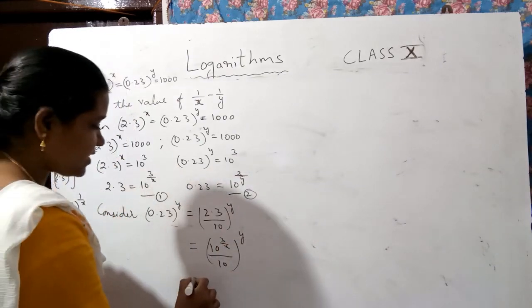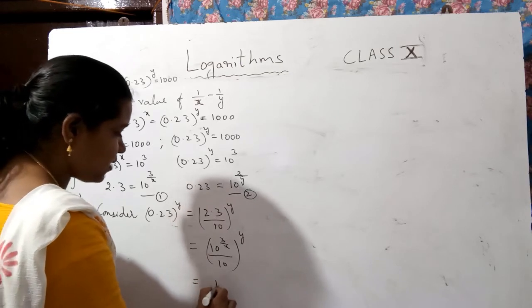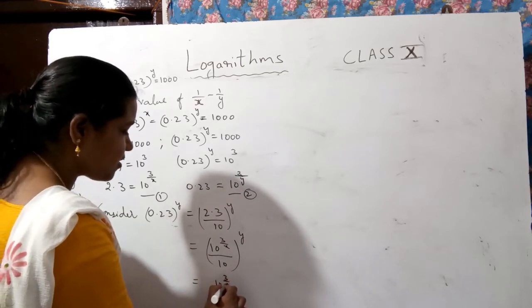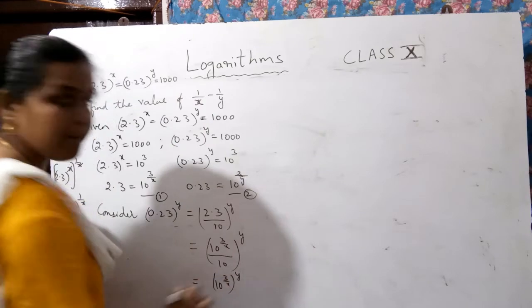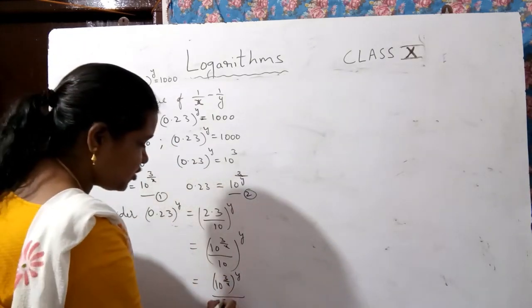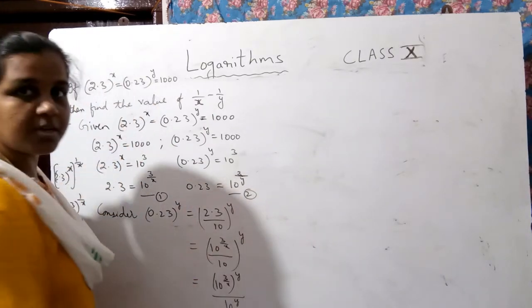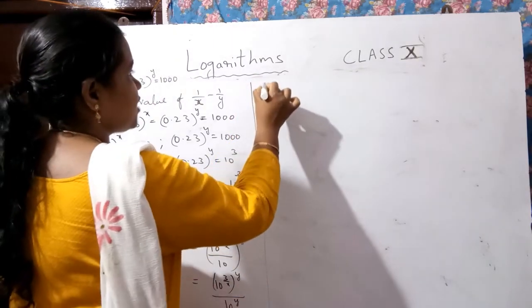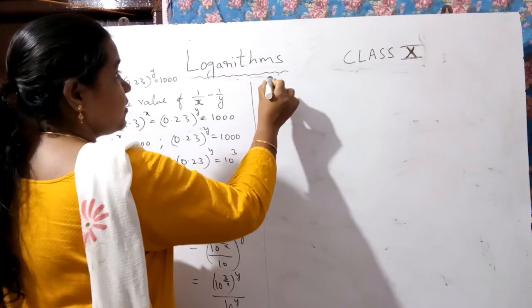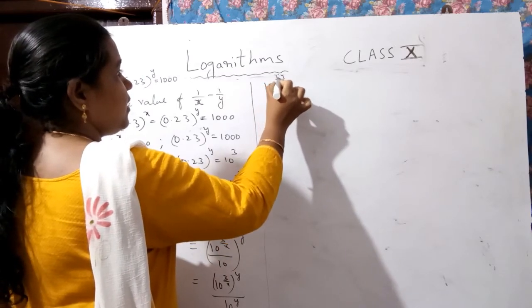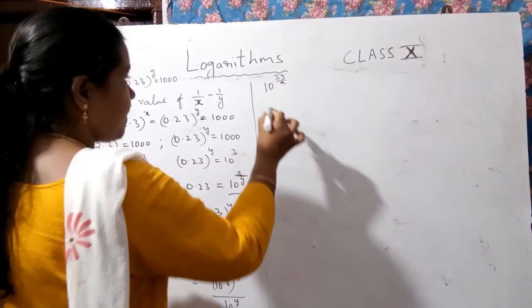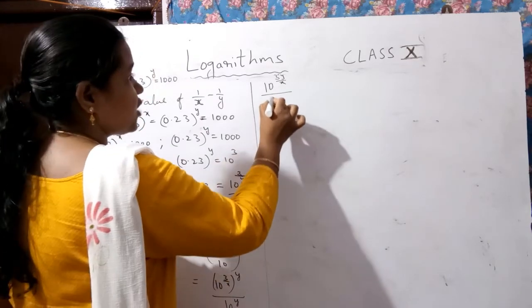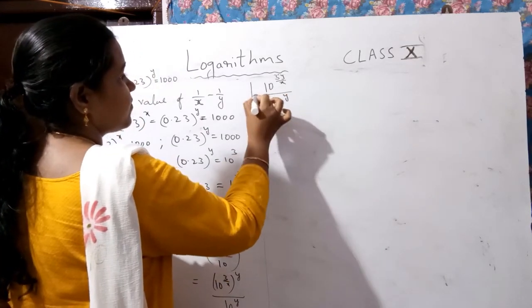Okay, so now this can be written as 10 power 3 by x power y by 10 power y. I am writing the power separately. Okay, so we will get it as 10 power 3y by x by 10 power y.